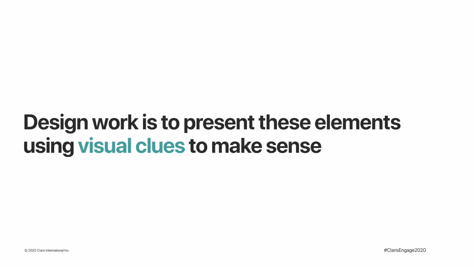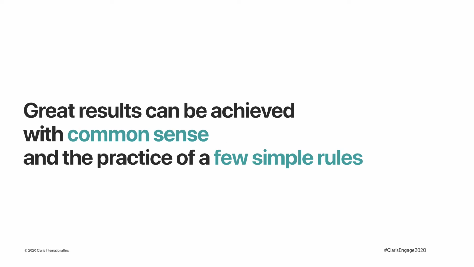You have colors, shapes, sizes, and position. You can and you have to use them all. Making the design work complicated is really not necessary. Most of the time, simplicity, common sense, and following a few graphic rules lead to the best results.